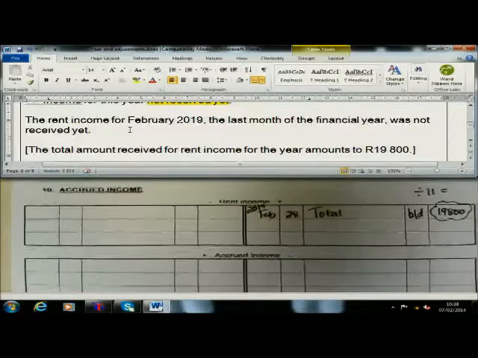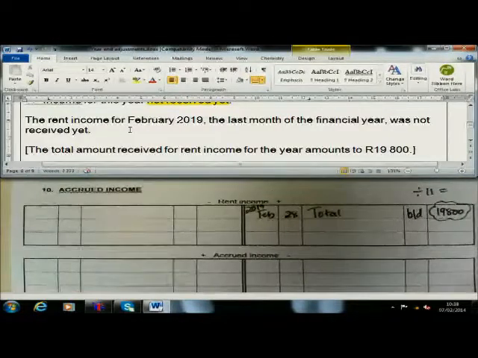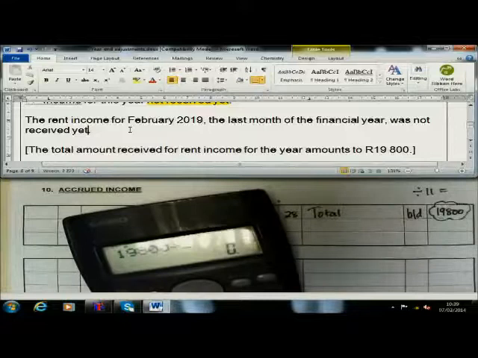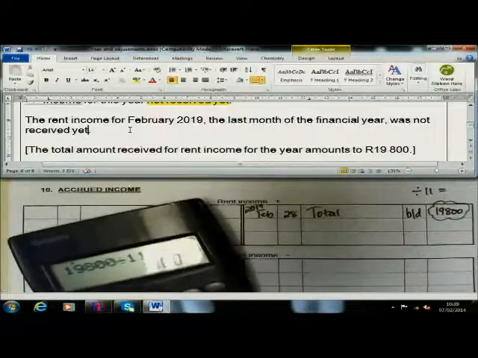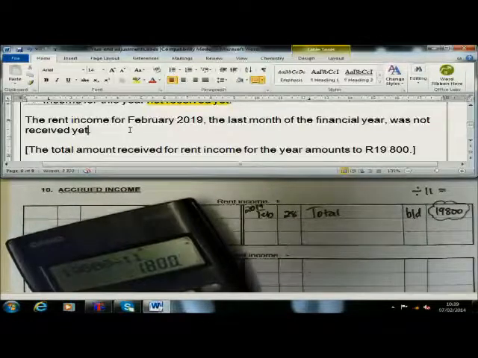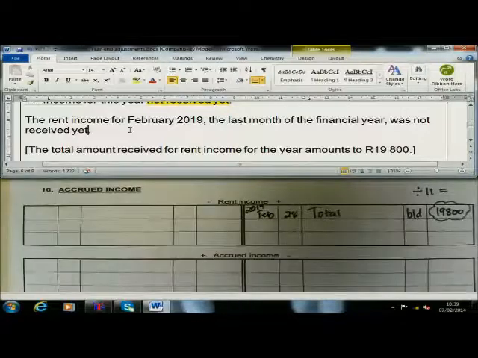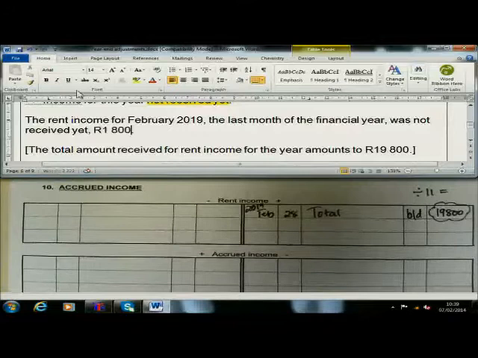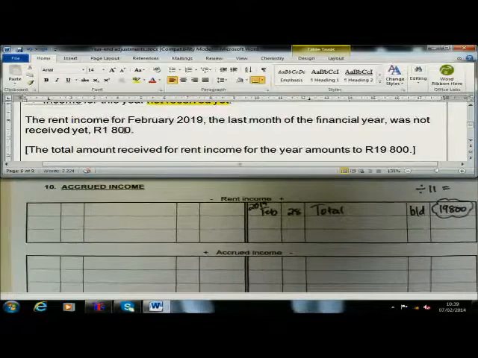Because there's 1 month that we didn't receive yet. A year has got 12 months. If there's 1 month that you didn't receive, then it means that there were 11 months that we received. And that gives you that 1,800 Rand per month. So if they don't give you the 1,800, you can work it out yourself. If they gave you the 1,800, then you know what to do.